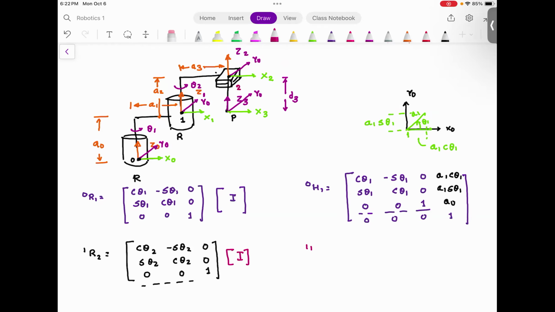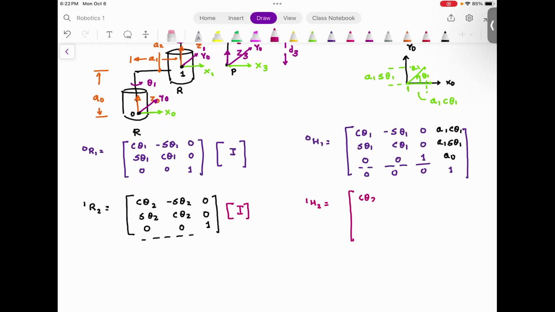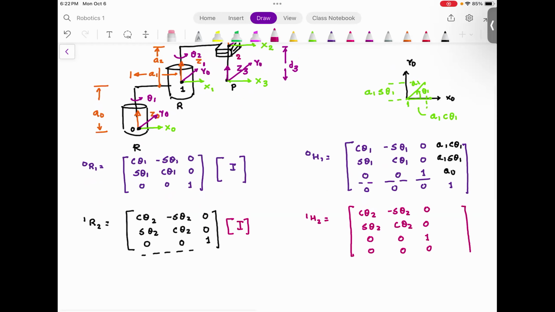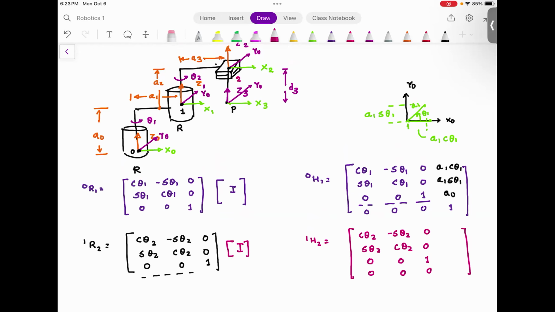So 1H2 is cosine theta 2, minus sine theta 2, 0. Sine theta 2, cosine theta 2, 0. 0, 0, 1. 0, 0, 0. And can you tell me what should be in the first row, fourth column, second row, fourth column, third row, fourth column, and fourth row, fourth column?